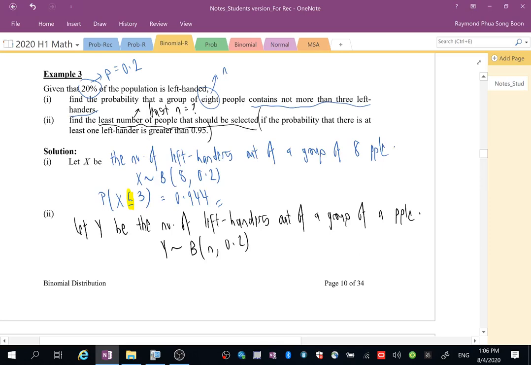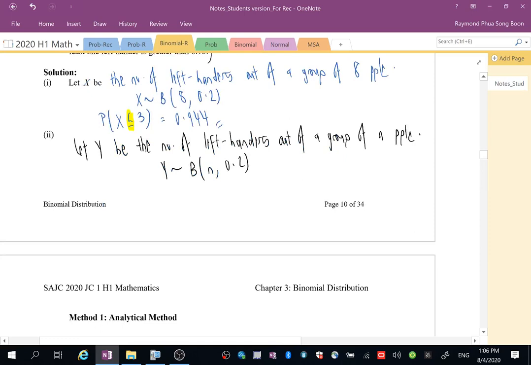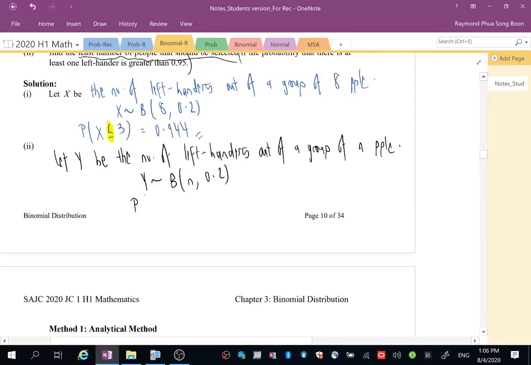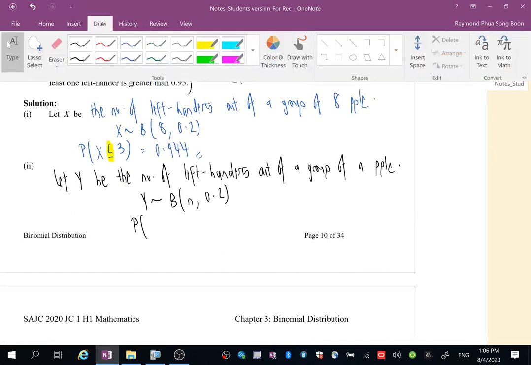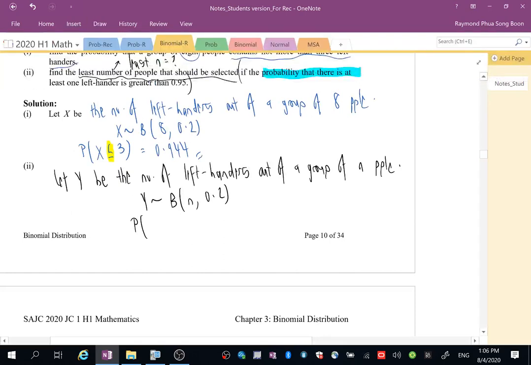Now what are we supposed to find? The question says the probability that there's at least one left-hander is greater than 0.95. That means probability y greater than or equal to 1 is greater than 0.95.